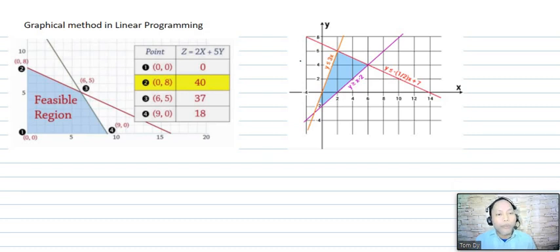Now, in linear programming, we have different methods to solve the problem. One method is the graphical method in linear programming. This is an example of how we present our graph in a graphical method. For example, this one, we have here a line and then another line here. And then this area, we call it our feasible region.